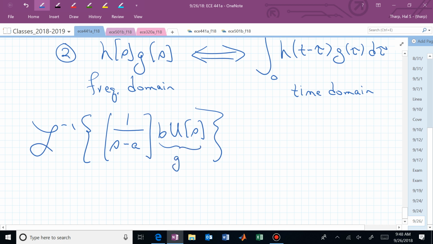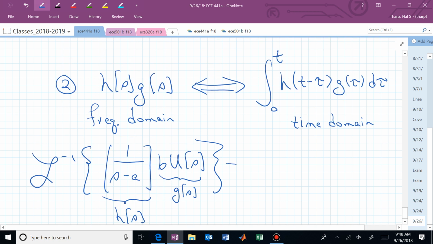This we said is a g of s. This is like an h of s. And now we have our form that we can use. We now have this integral from 0 to t. And what was h of t? E to the at. But now we replace t with t minus tau, so we now have e to the a t minus tau.